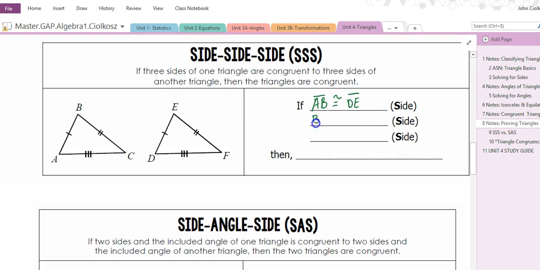BC, EF. CA, FD. So, if those things are true, then triangle ABC is congruent to triangle DEF.